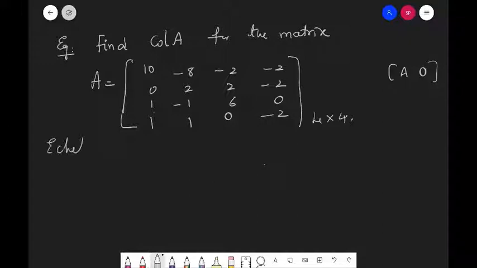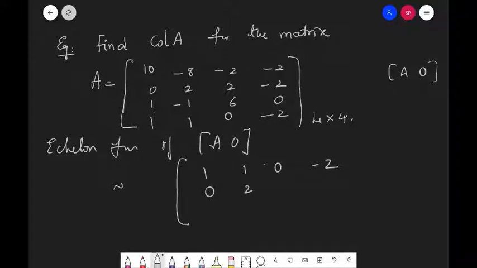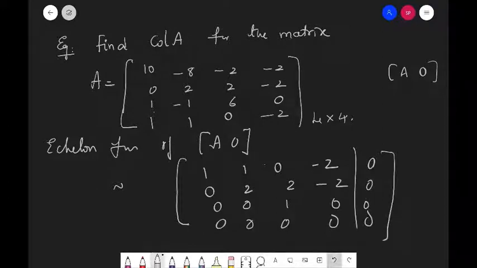I'm writing its echelon form straight away, because we have been doing so many problems in reducing to echelon form. It is 1 1 0 minus 2, 0 2 2 minus 2, 0 0 1 0, and 0 0 0 0. This is the echelon form.